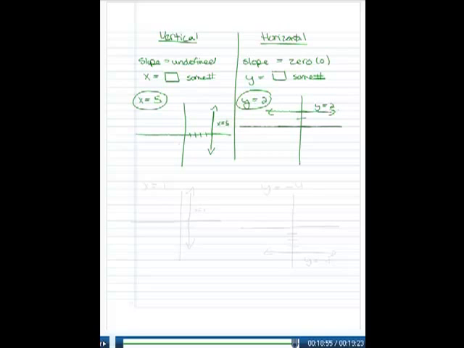Let's do x is 1. Graph. You go to the number 1 on the x-axis and you draw your line. What about y is negative 4? Again, draw your graph. You go to negative 4 on your y-axis and you draw your horizontal line.